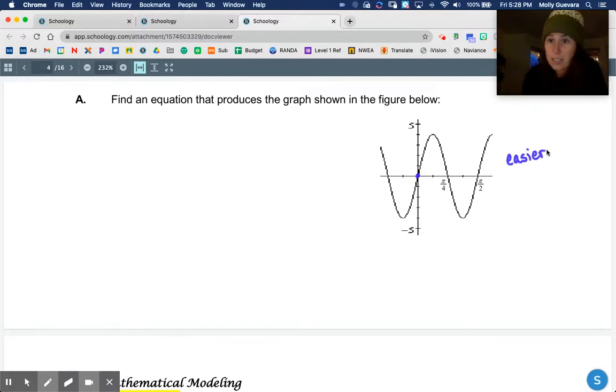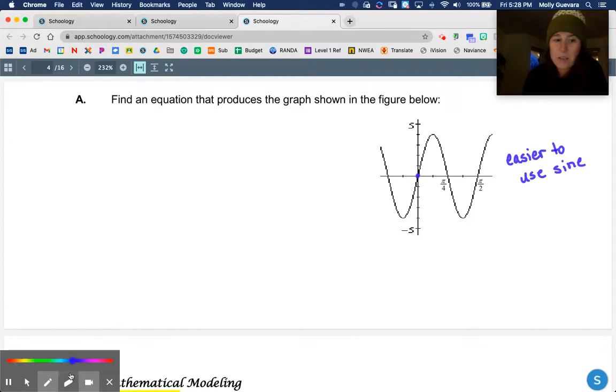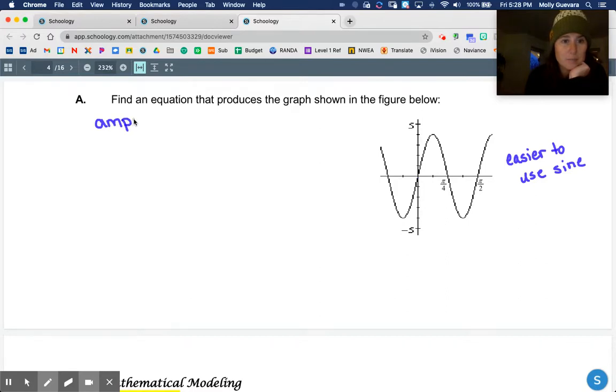In this case, it's easier to use sine because it's already starting at 0. Right? It's already starting at 0. So that means that I will not have a phase shift. I don't have to worry about it going left or right because it's already starting at 0. So I can just start making my list. The amplitude here, normally, again, it goes from -1 to 1.